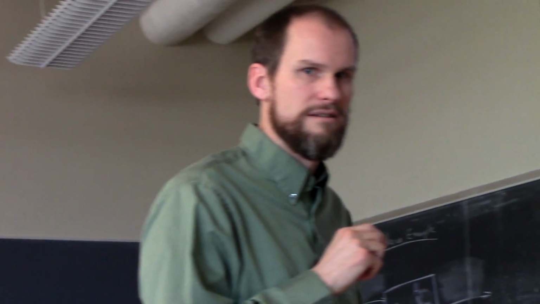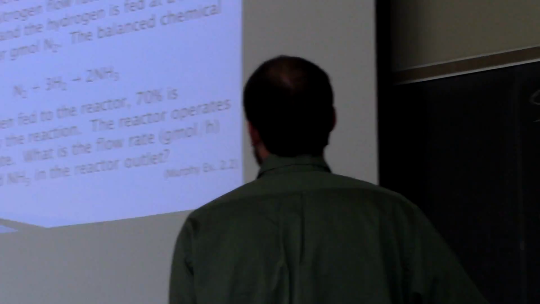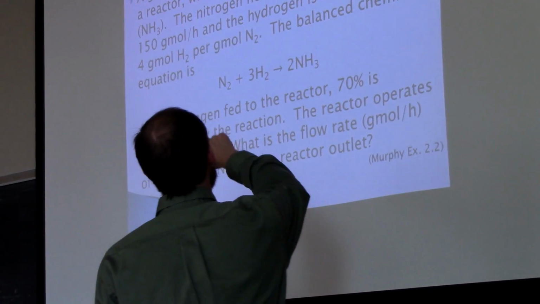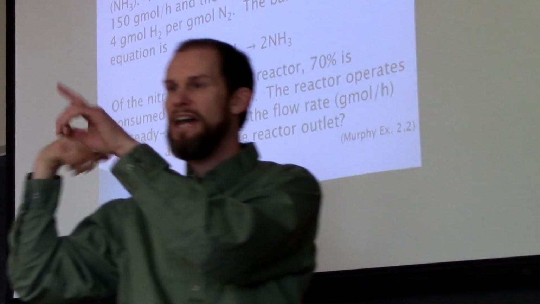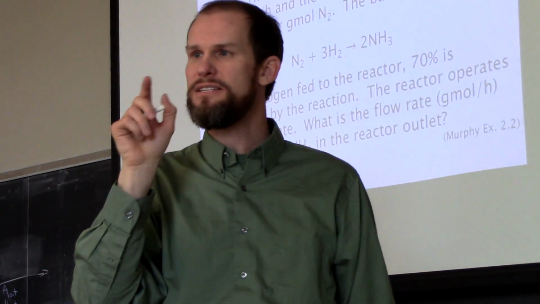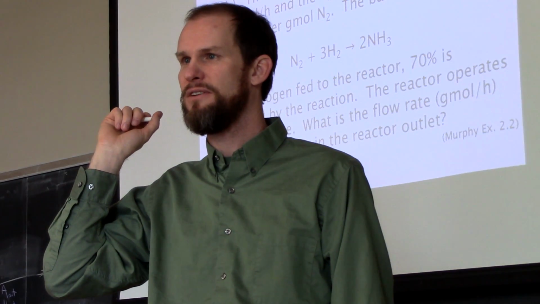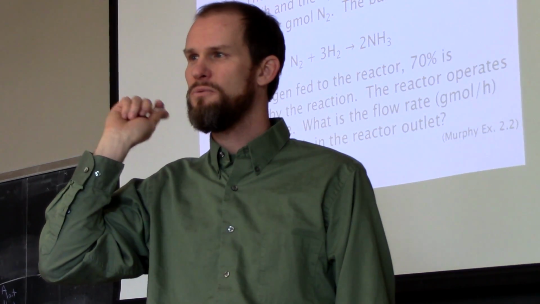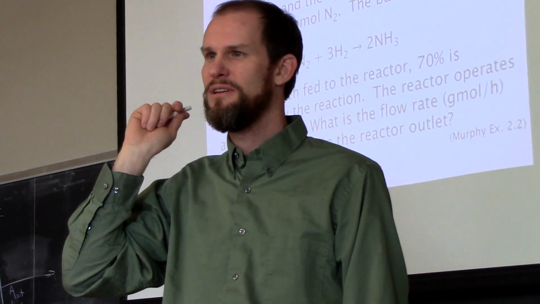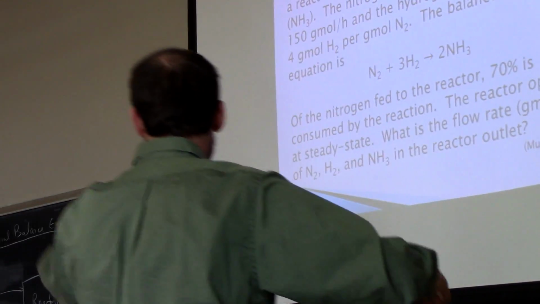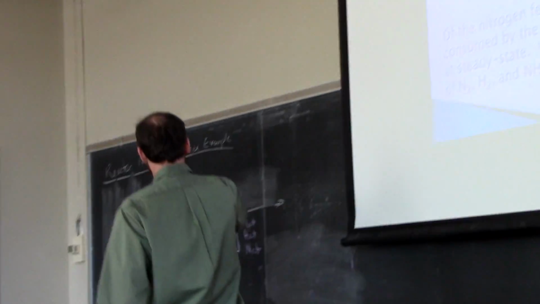Since there's 4 gram moles of H2 going in for every N2, I believe I multiplied that by 150. Well, okay, there's 4 gram moles H2 per gram mole N2. So let's start with that as an equation based on the variables. Can we write an equation with these purple variables here?